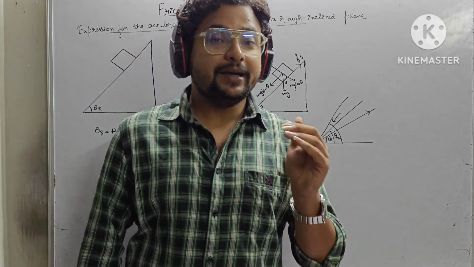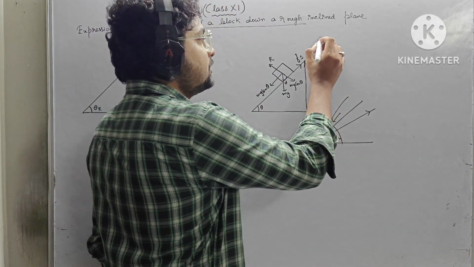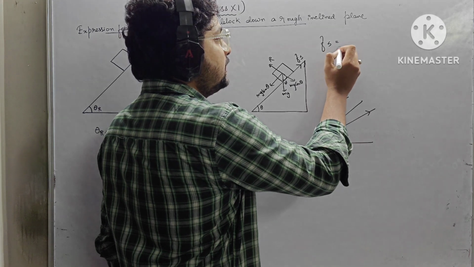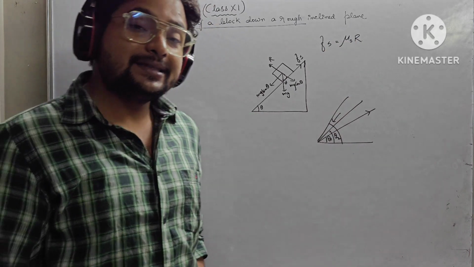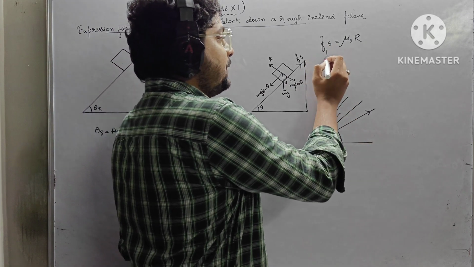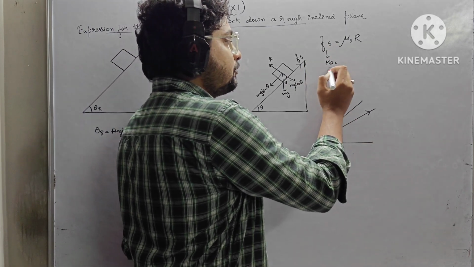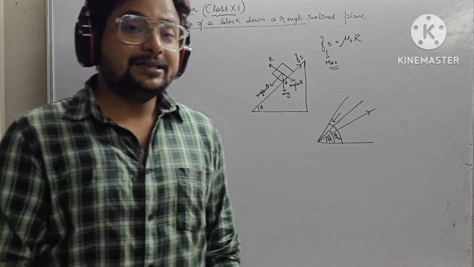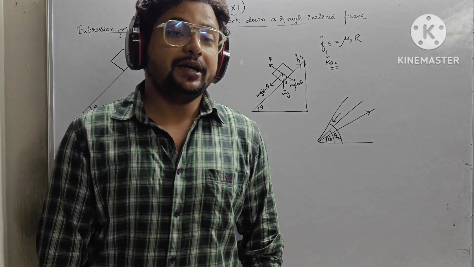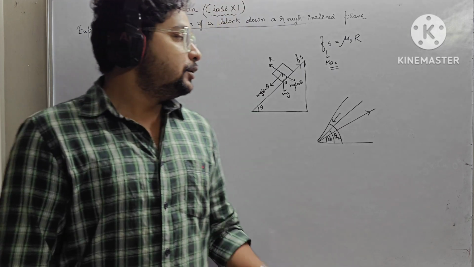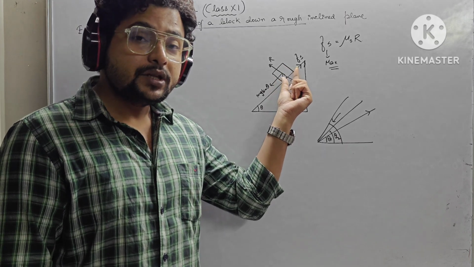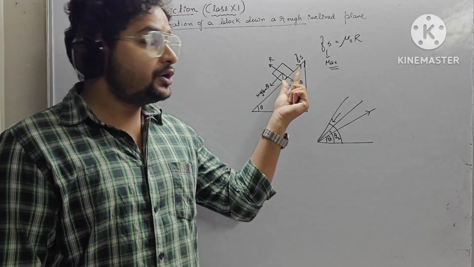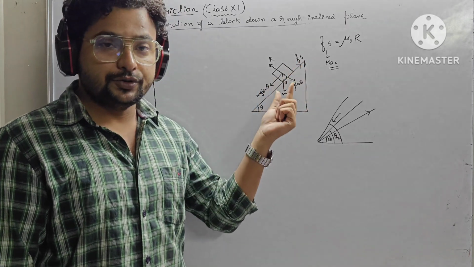Friction has a maximum value, which is given by mu_s R. This is the maximum value of friction, the maximum frictional force which friction can apply. Now suppose at that point the body is still not sliding down, still stopped by this frictional force.